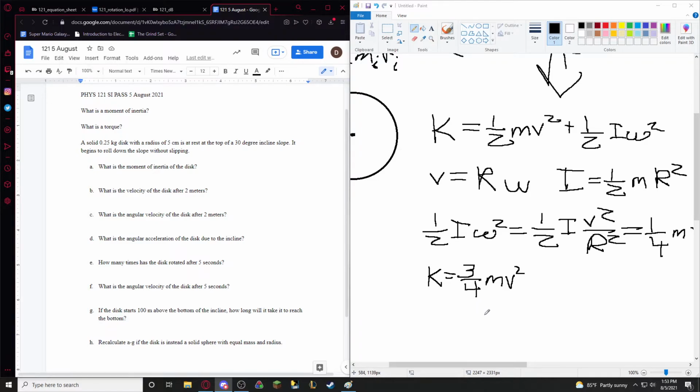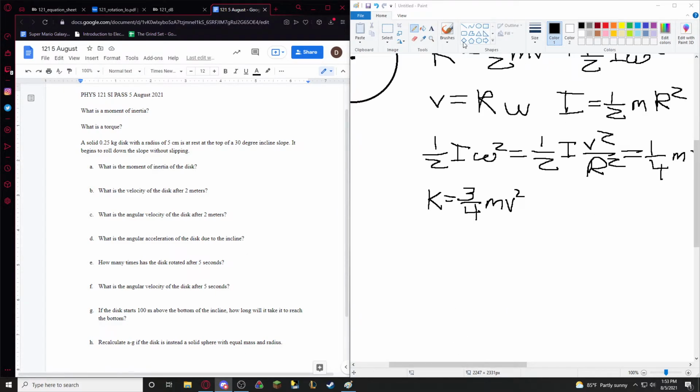Exactly. And how much higher is it? So when I say it rolls 2 meters, I mean if this is the slope, it's rolled 2 meters along the slope. So how much higher up is it initially versus after 2 meters?